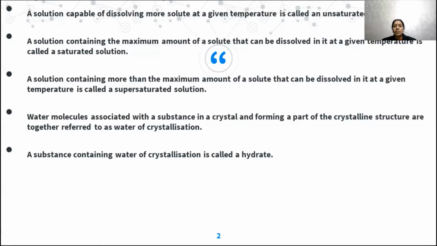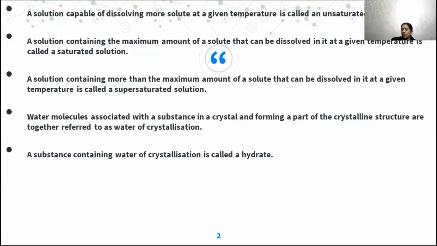Then a substance containing water of crystallization is called a hydrate. Related to water of crystallization, we can learn one more word, hydrate. A substance containing water of crystallization is called a hydrate.